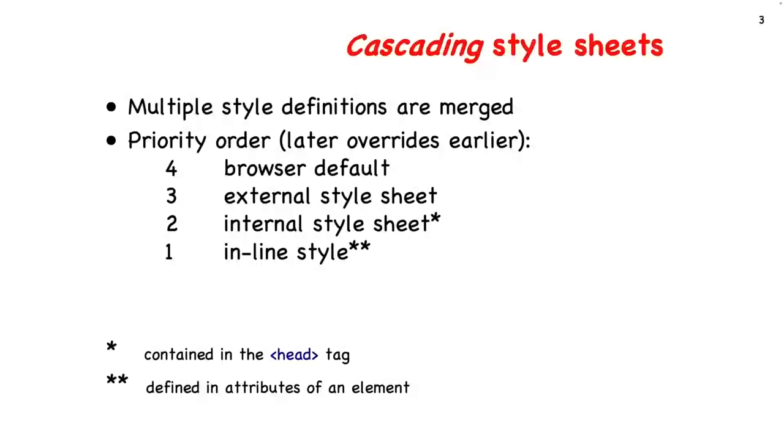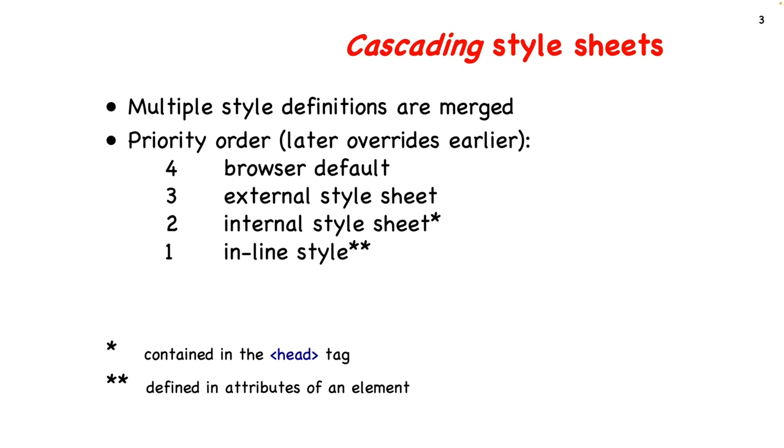The default priority is whatever the browser gives you, and that's what we've been using. The next level is an external style sheet. So this is a style sheet, it'll be called lab3.css or something, rather like the JavaScript files we've been working with.